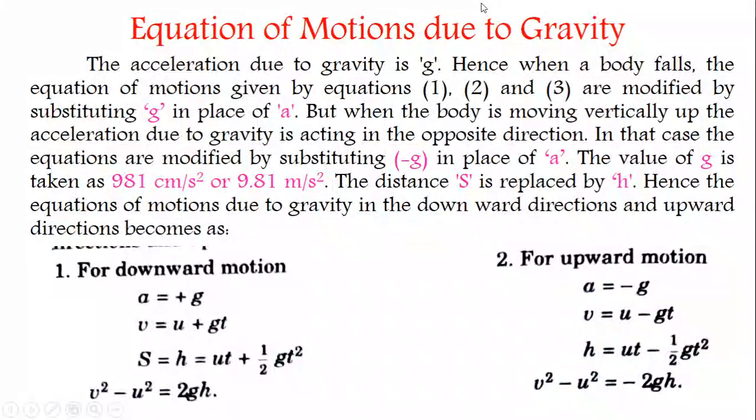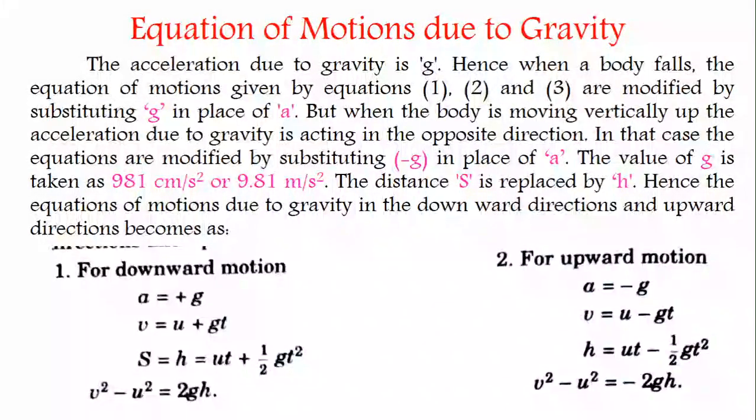Equation of motion due to gravity. The acceleration due to gravity is g. Hence, when the body falls, the equations of motion given by equations 1, 2 and 3 are modified by substituting g in place of a.